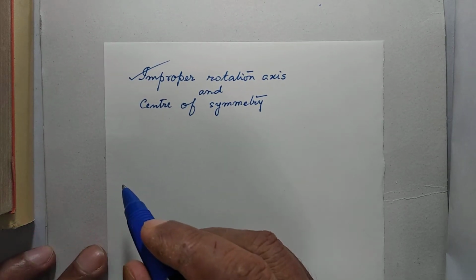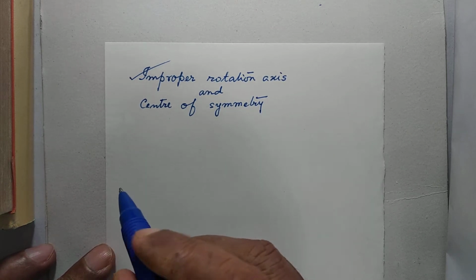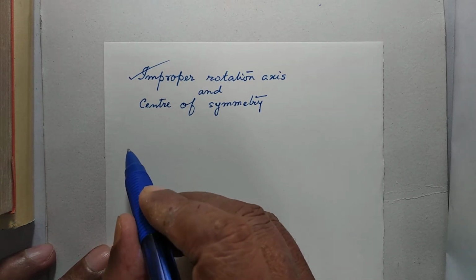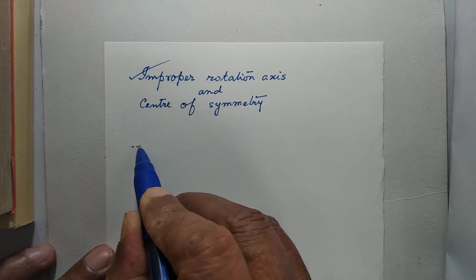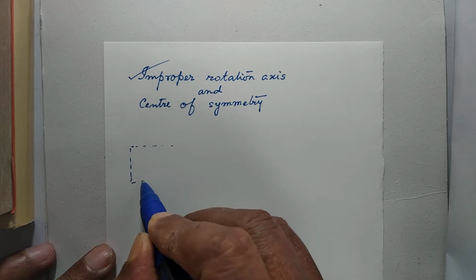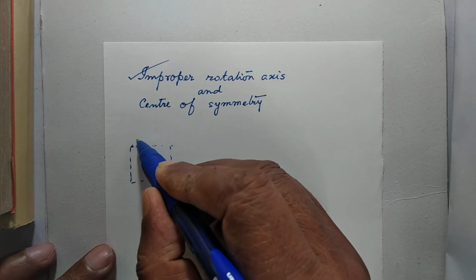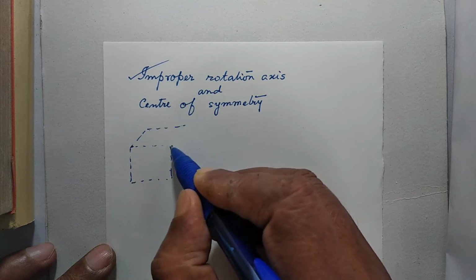We know that the tetrahedral structure of methane can be drawn within a cube. For example, let us consider a cube like this.